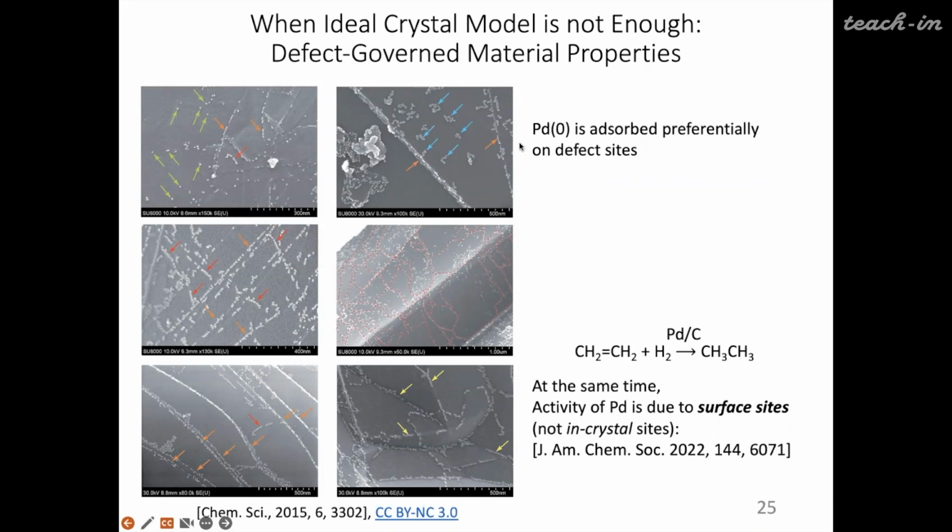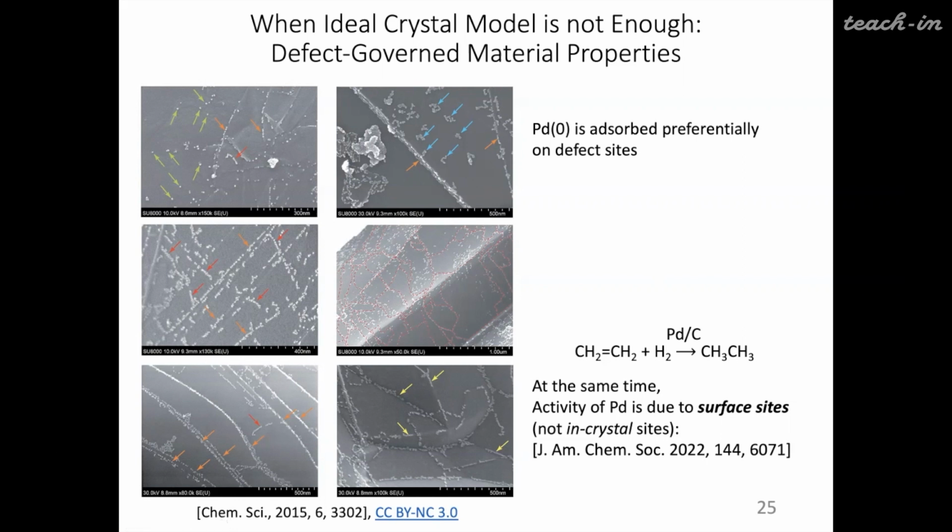So palladium and some other metals cluster in the defect regions, and basically adsorptive properties of carbon may be highly dependent on the distribution of defects and their type.